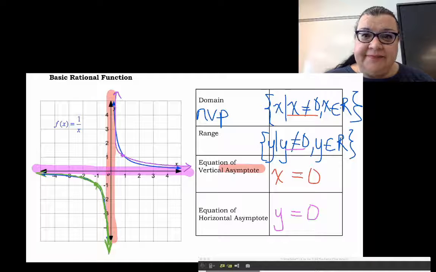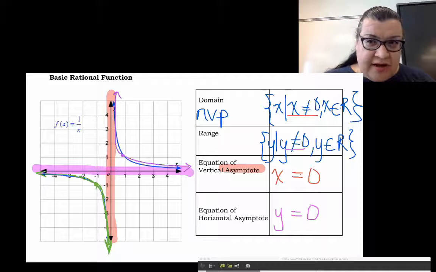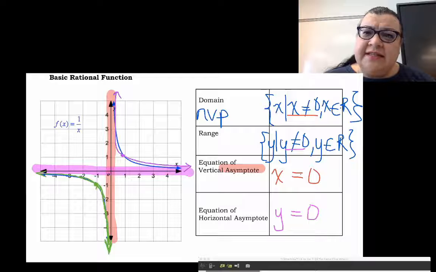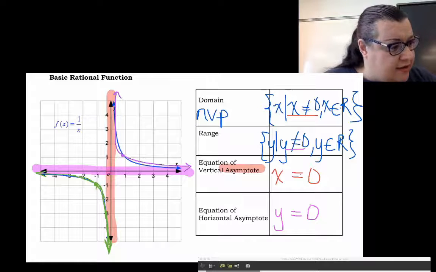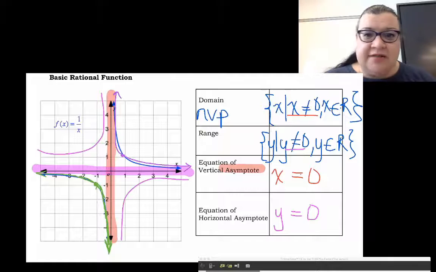Think about that for a second. Okay, so if you reflected it, would that change domain and range? Well, no, we would still have the same, right? If we reflected it, we would just be in opposite quadrants, like this. So reflection won't do it.